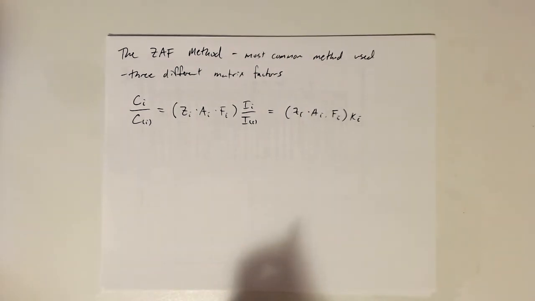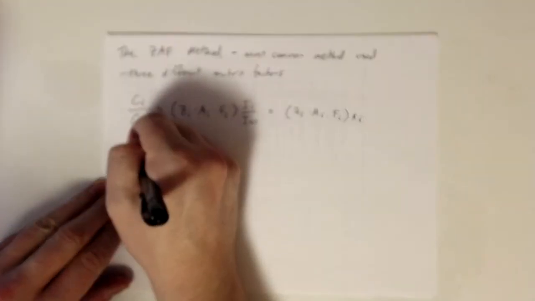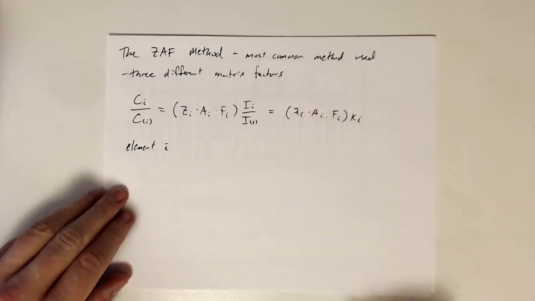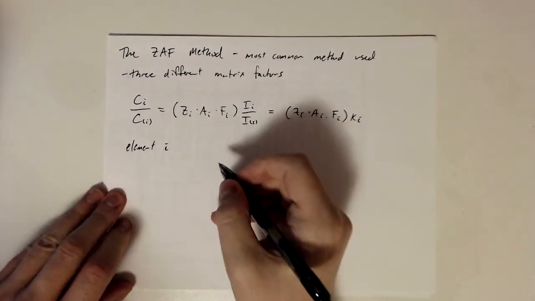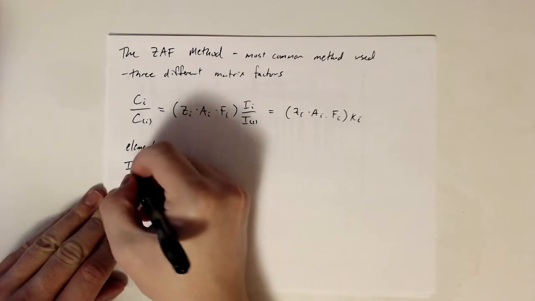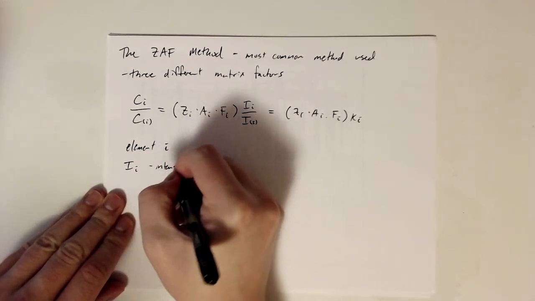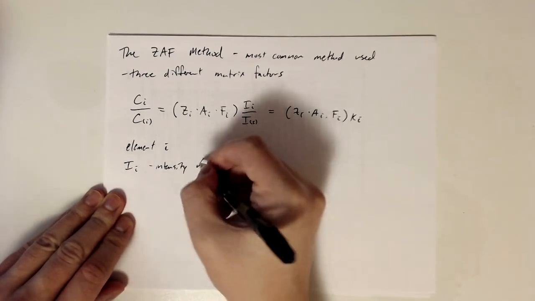These three represent the various matrix factors for an element i that we're examining. Let me go through all the abbreviations. The intensity of i is the intensity of the specimen.